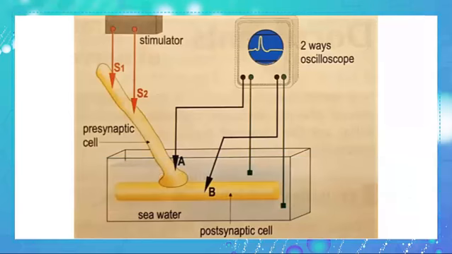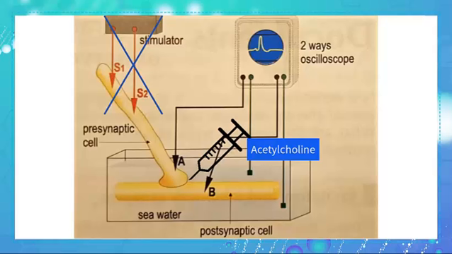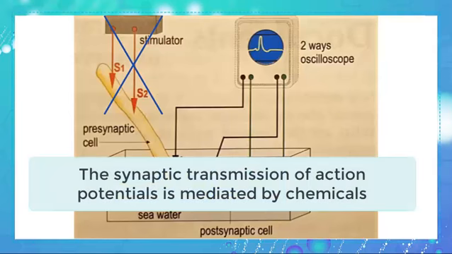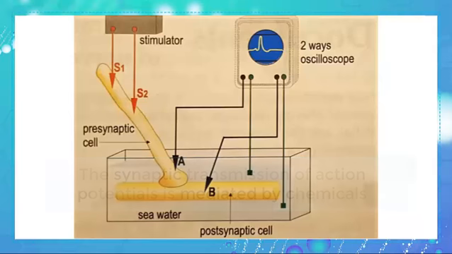Now, in the third experiment, once again, without any stimulation of neuron A, the injection of a chemical called acetylcholine in the synaptic cleft between both neurons A and B causes the recording of a response in neuron B. This indicates that the signal is transmitted from the pre to the postsynaptic neuron via this chemical.